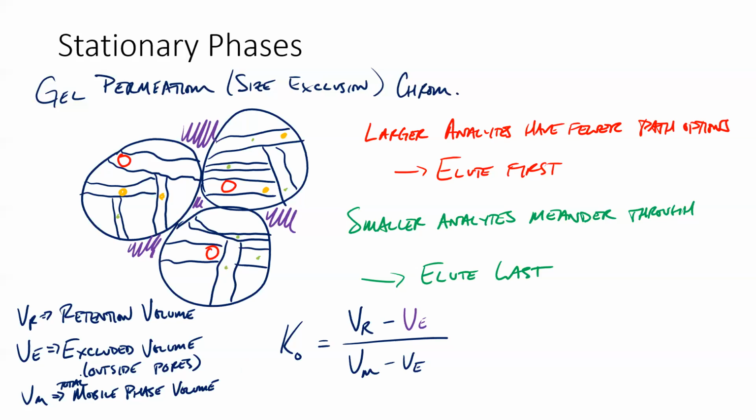Now in GPC, usually the excluded and the total volume are known values.